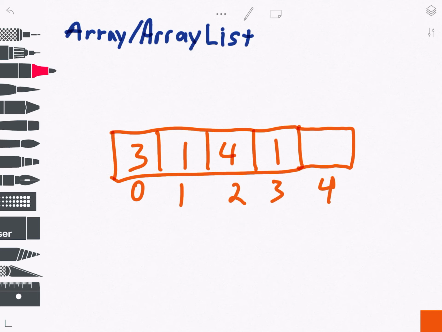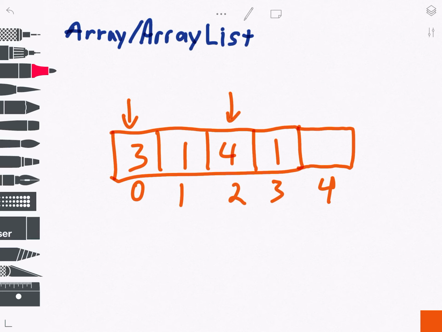And the way that we access this is we just say, give me the thing at the base memory location. Okay, if we were to say, I want the thing at index 2, then the only thing that happens is we just add however much space each of these takes, and we add 2 times that to our base of where our array starts, and we say, just give me the thing at that index. It's real quick.